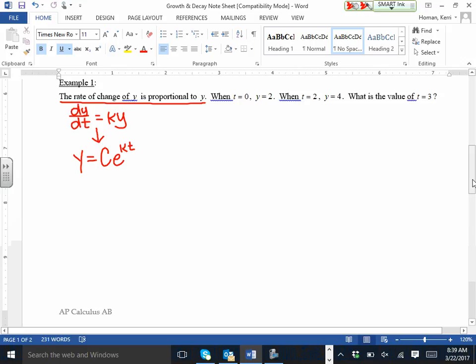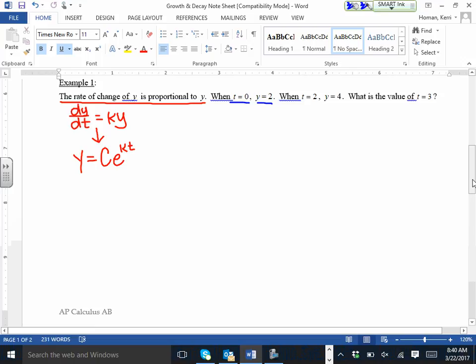In order to answer the question, what is the value at t equals 3, what do we need to find out about our equation? We need to know C, and we need to know k. All right? So, where would you like to start? Anytime they give you t equals 0, it's a beautiful thing.